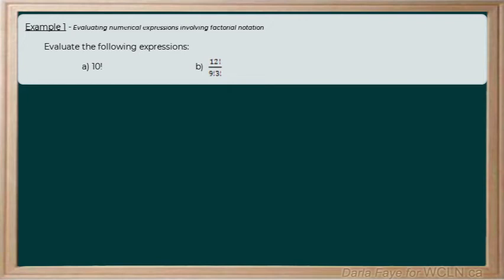Let's begin by looking at a few simple numerical expressions. Example 1 asks us to evaluate the following. The first one in part A says, evaluate 10 factorial. Now that looks like an easy one, and you'd be right. All we have to do is use our factorial button on our calculator to evaluate it. But just to be sure that we understand what's going on here, let's write out a few more of these factors.